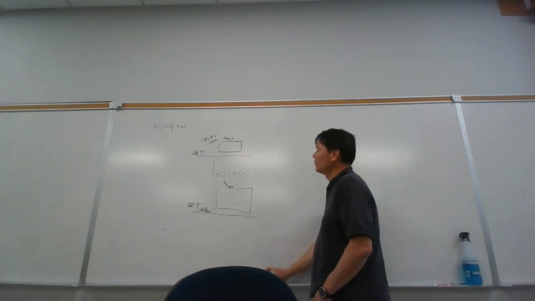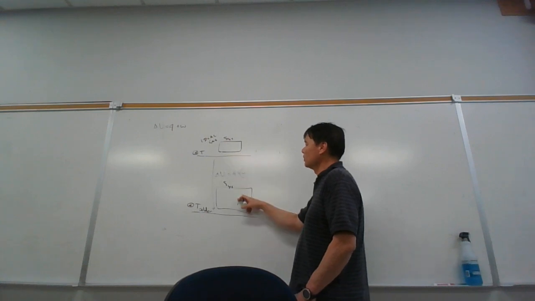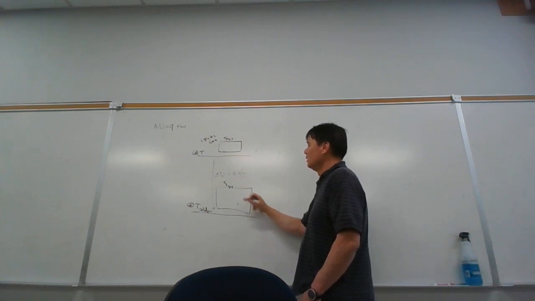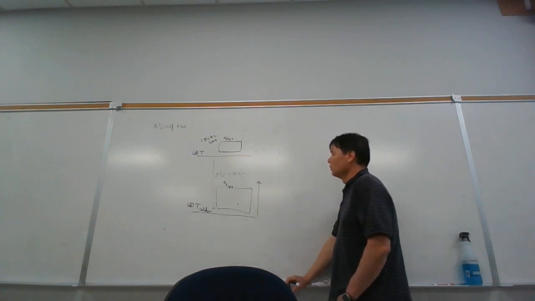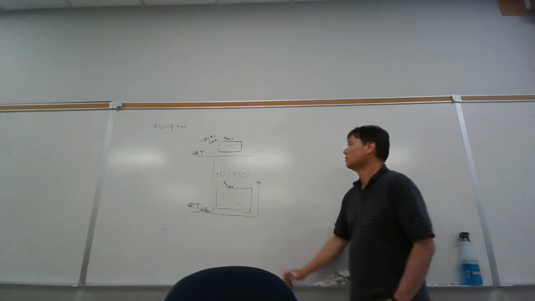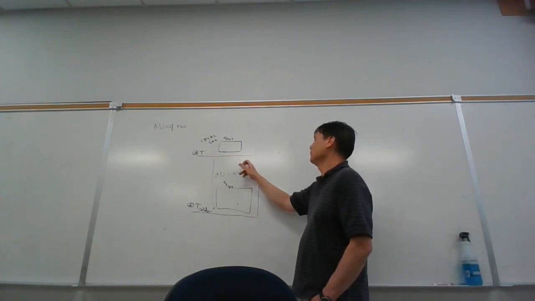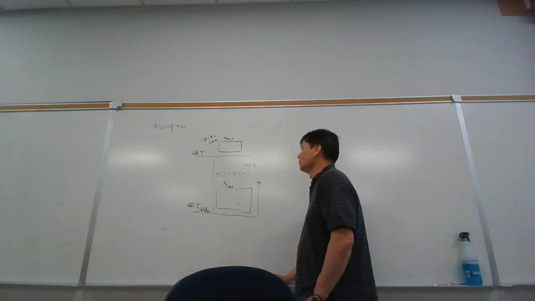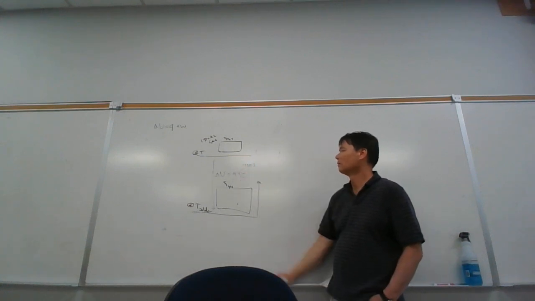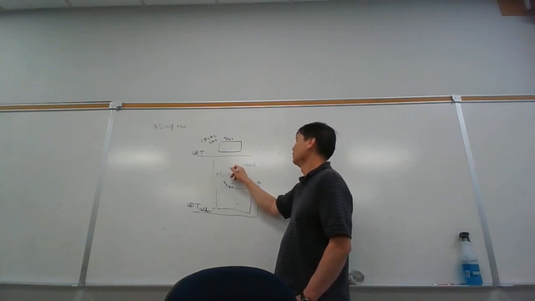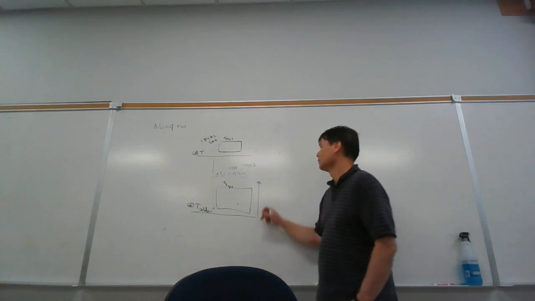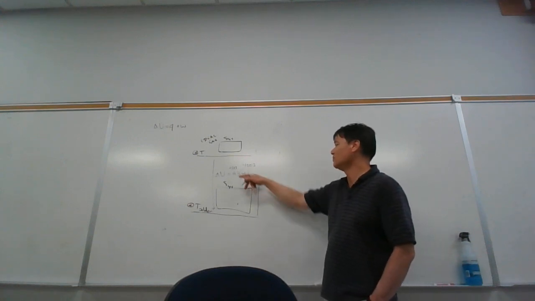And when we do the work, it's going to cost us some amount of work to expand that. But it says we're going to do twice as much work as heat is absorbed from the surroundings. So let's say we lost 100 joules in doing the work, but we're only going to absorb 50 joules from the surroundings, because we're going to do twice as much work as heat absorbed.